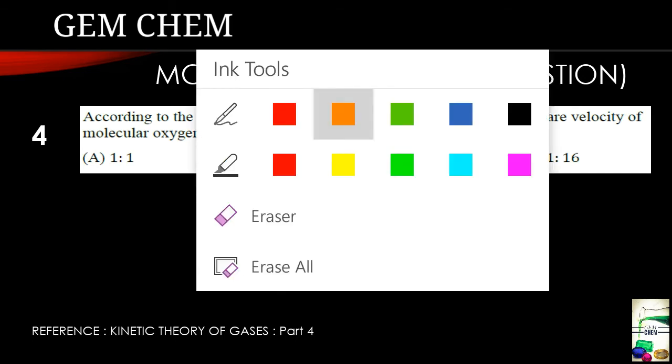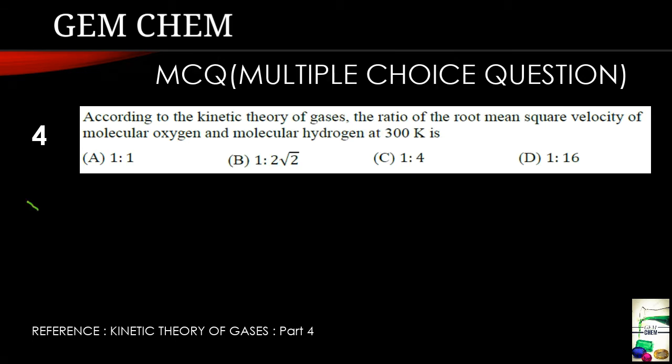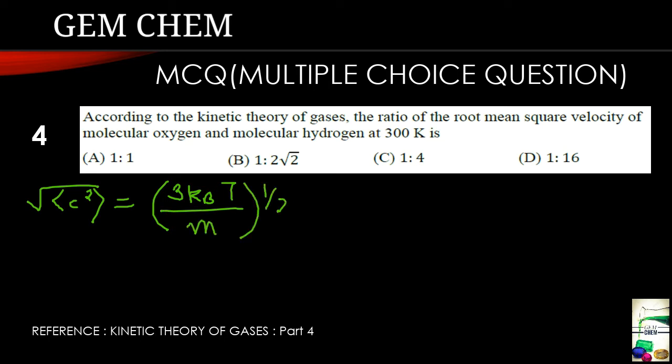First we should write the formula, right? So what is the formula of root mean square velocity? We have already seen and derived the formula from kinetic theory of gases part 4 video. Details is given there. So it is equal to (3kBT/m)^(1/2).